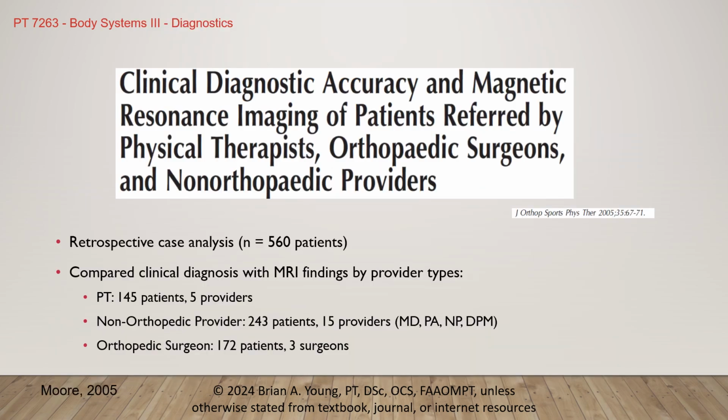So then the question becomes, how accurate are we in assessing someone by their physical exam and their diagnostic accuracy of what they need? And this interesting study here by Dr. Joseph Moore, a physical therapist, retrospectively looked at 560 cases of patients with MRIs and how they were assessed by physical therapists, orthopedic providers, and non-orthopedic providers, and the accuracy from their physical exam to their findings on imaging.